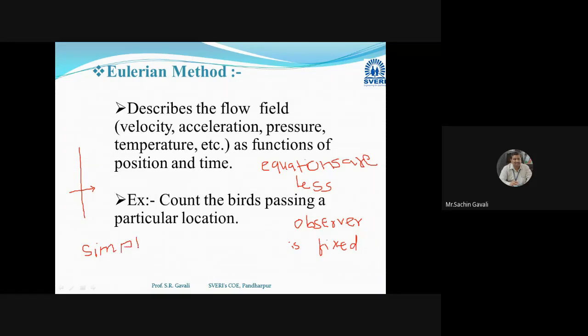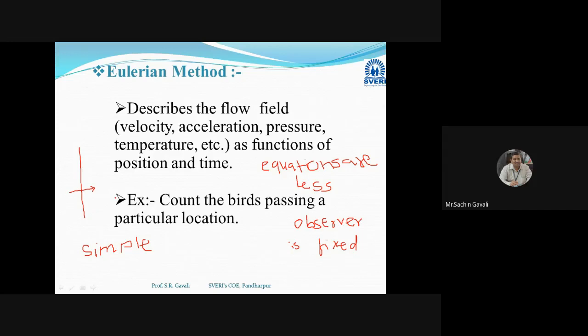In the Lagrangian method, we take care of each and every particle. Here, we take care of the properties only along the section. So in accuracy, if you compare the two methods, Lagrangian is more accurate than Eulerian.